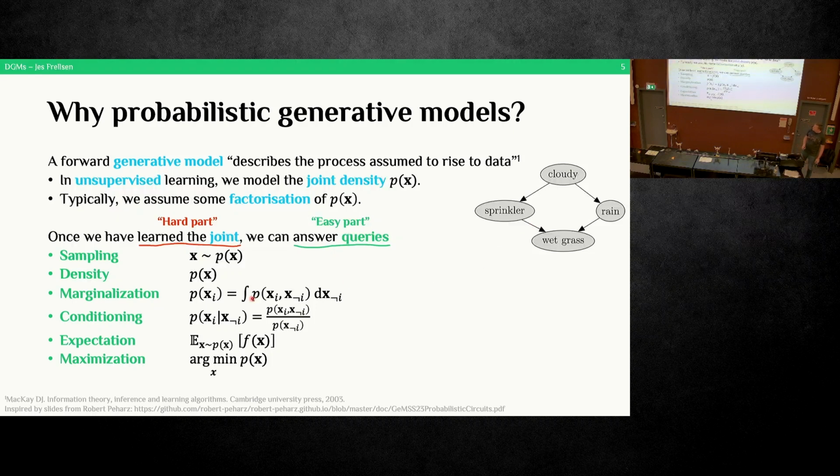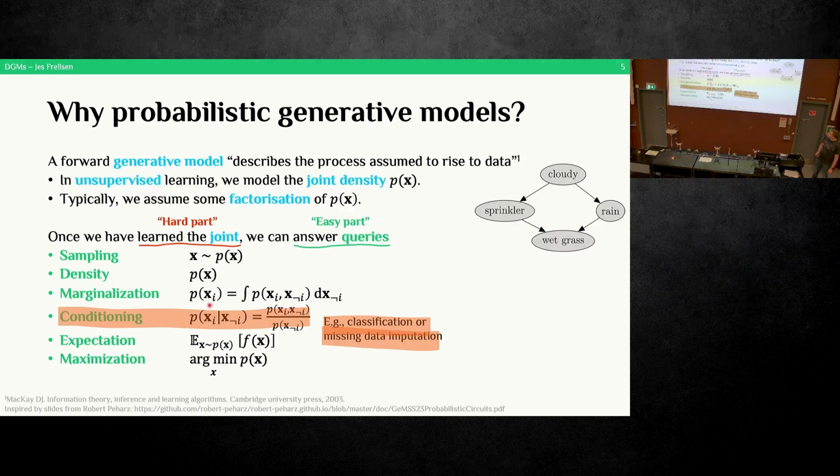We can do conditioning. Here we can ask what's the probability of one variable given the others. That could be classification. So we say, given that we know it's cloudy, whether or not the sprinklers are on, and whether it's raining, we can ask what's the probability of having wet grass. We could also use this for missing data imputation.